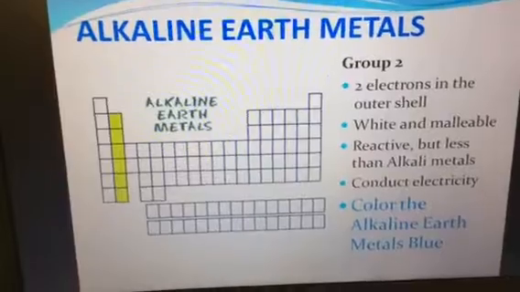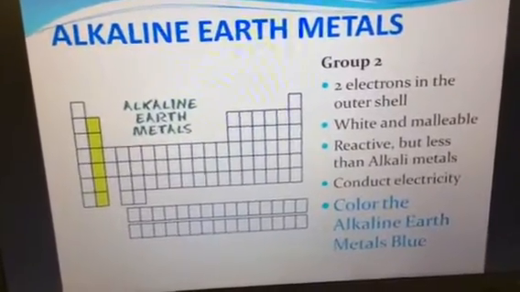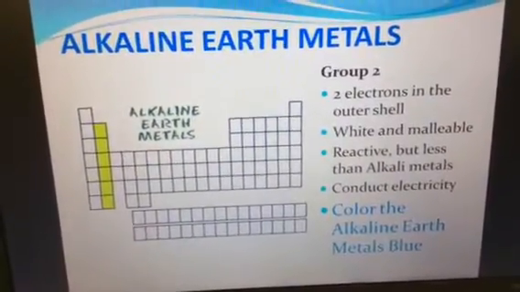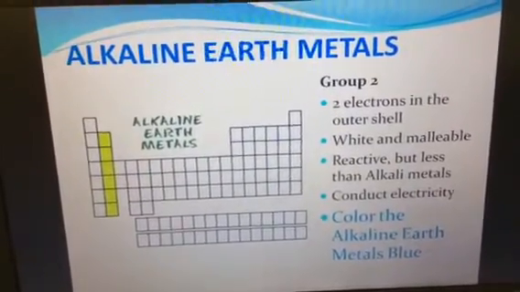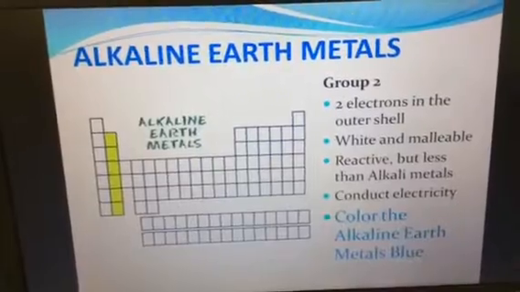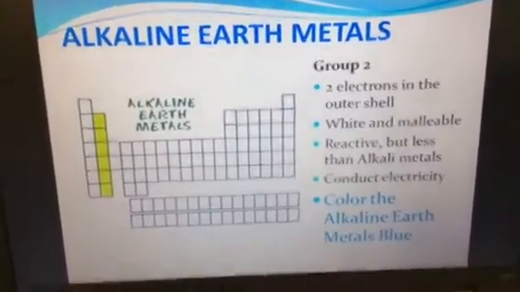Your next group, group 2, is the alkaline earth metals. Since it's group 2, there are 2 electrons in the outer shell. You are going to color the alkaline earth metals blue.